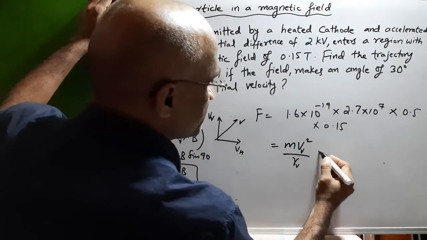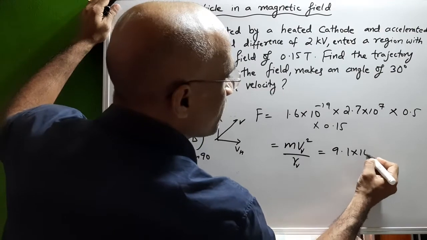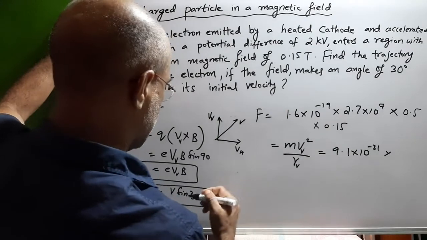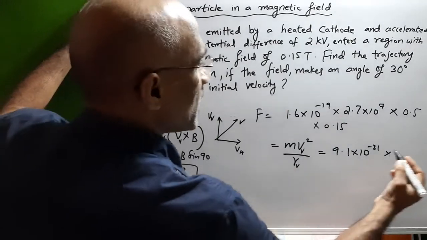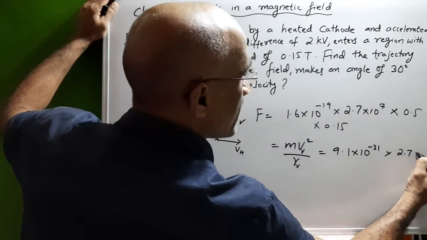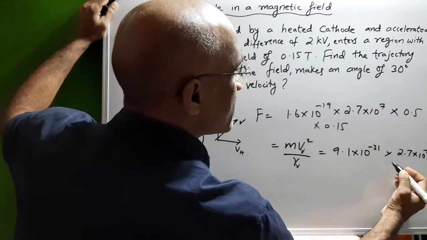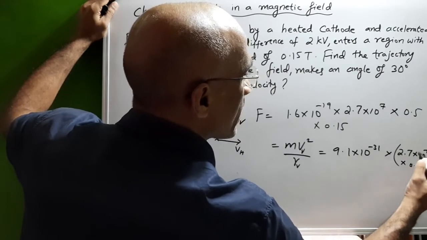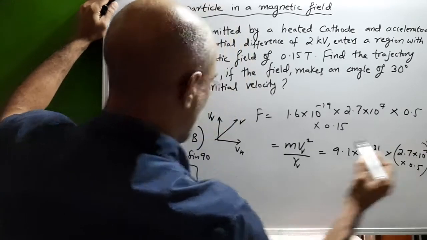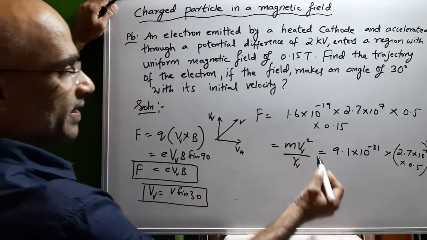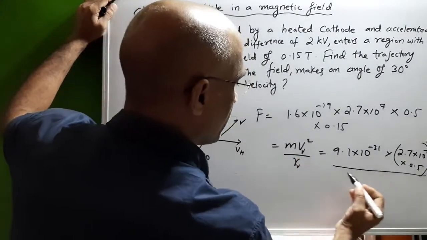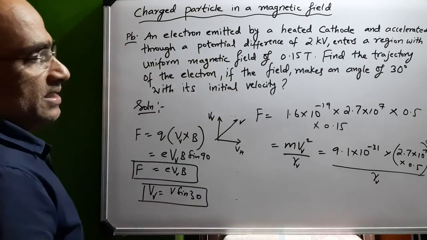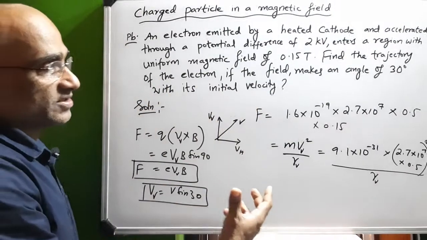So equating this, I'll get 9.1 into 10 power minus 31 into Vv squared, which we already calculated as 2.7 into 10 power 7 into 0.5, the whole square, because we have Vv squared, divided by the radius of the trajectory, the helical trajectory that is going to be formed.